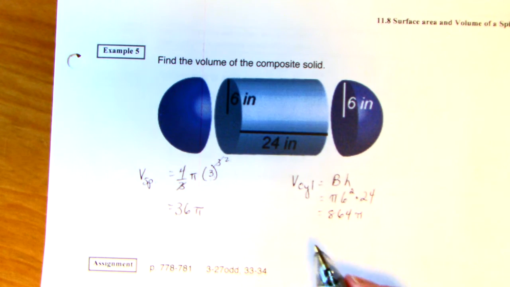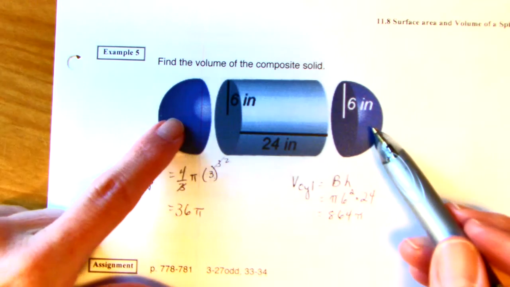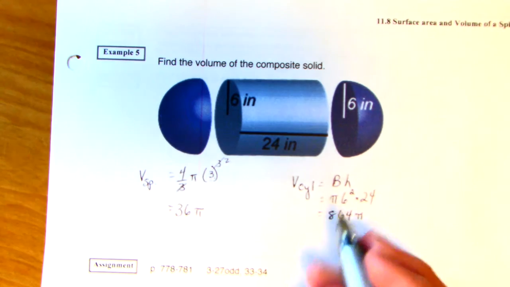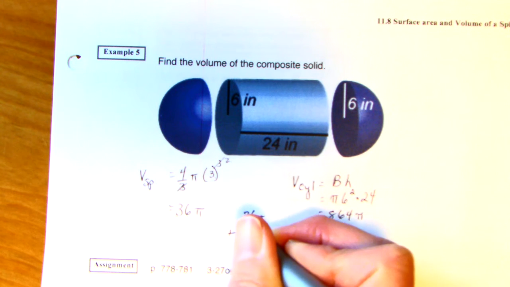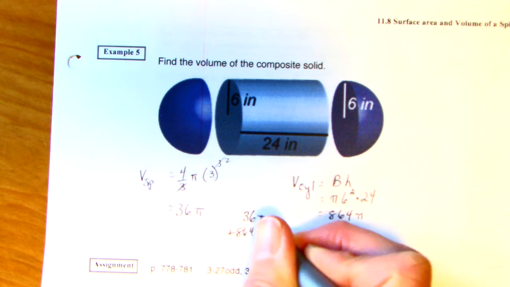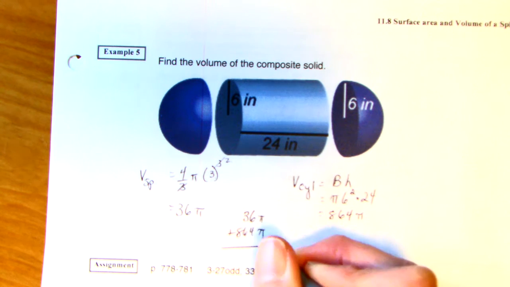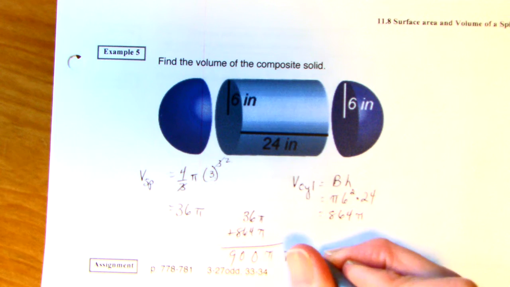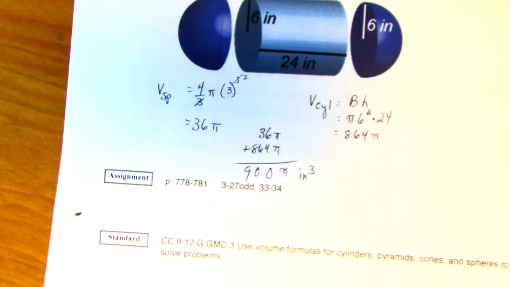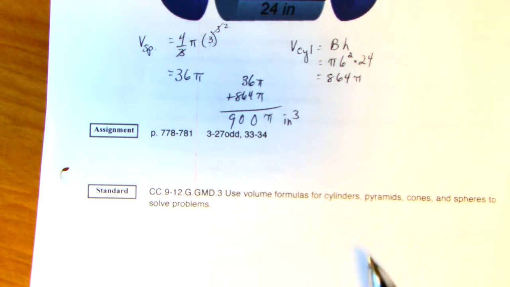Remember, the two end pieces put together make the sphere. So 36 pi plus 864 pi, 900 pi inches cubed.